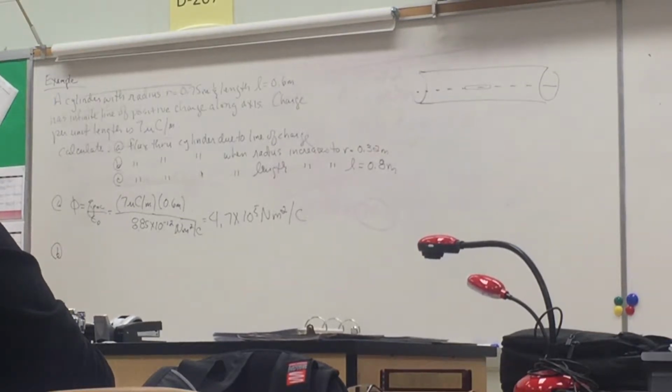We only detect flux going through the Gaussian surface. What happens if you exceed 0.75? Electric charge resides on the surface. That's rule number one.